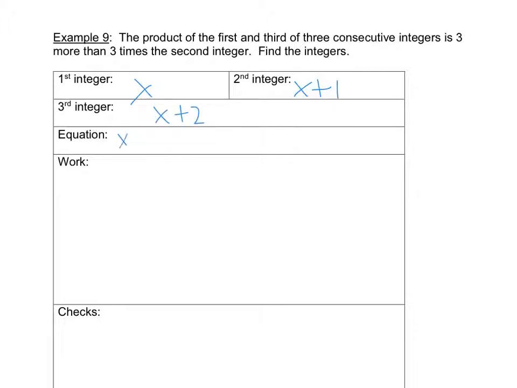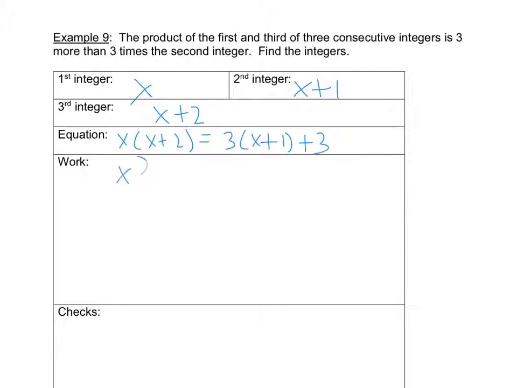So you have x times x plus 2, because the product of the first and the third is, it says 3 more than 3 times the second, so you do 3 times the second plus 3.